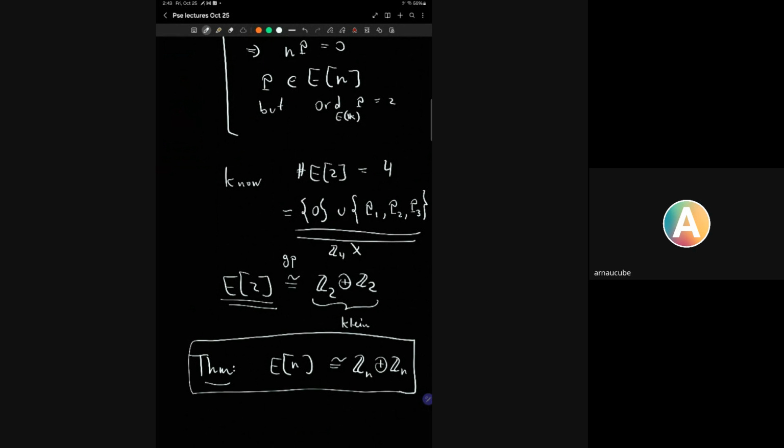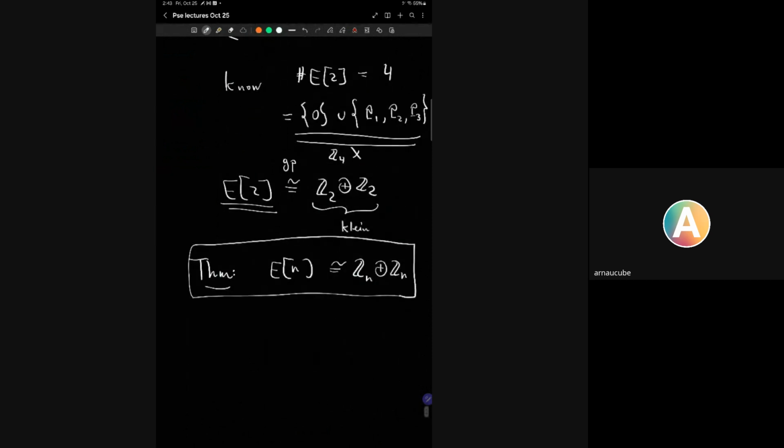But in order to prove this theorem, we need to analyze, well, first, stepping stones. One is to analyze the multiplication by n map.